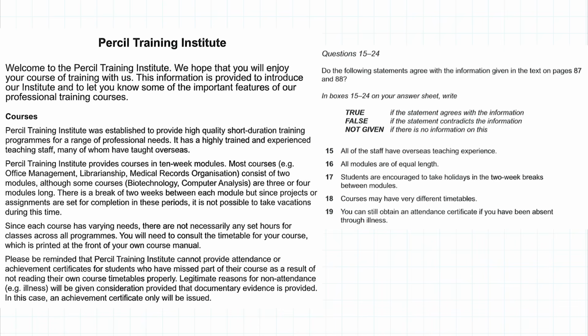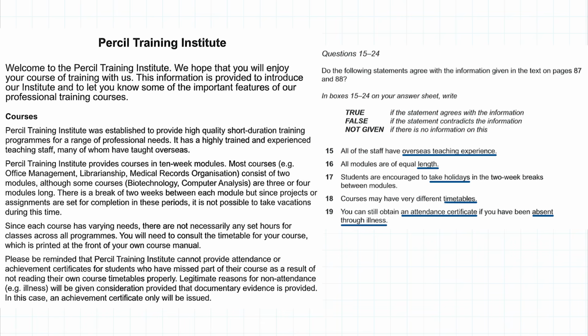Well, first of all, let's address the keywords. So in number 15, we're looking for information about overseas teaching experience, about the module length, about taking holidays, about timetables, and an attendance certificate or absences through illness.